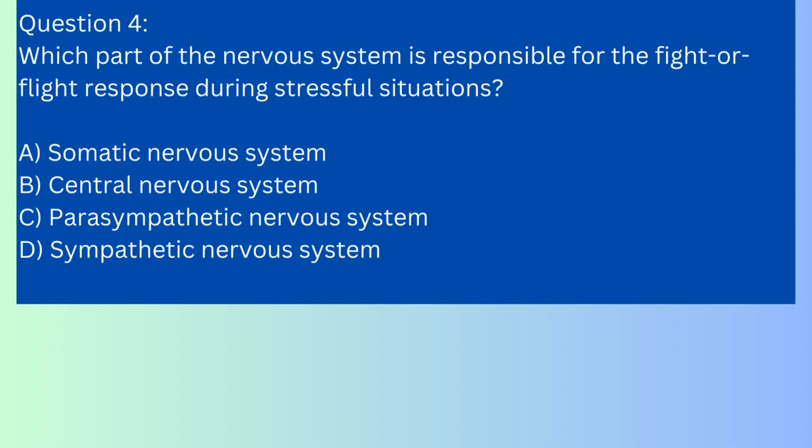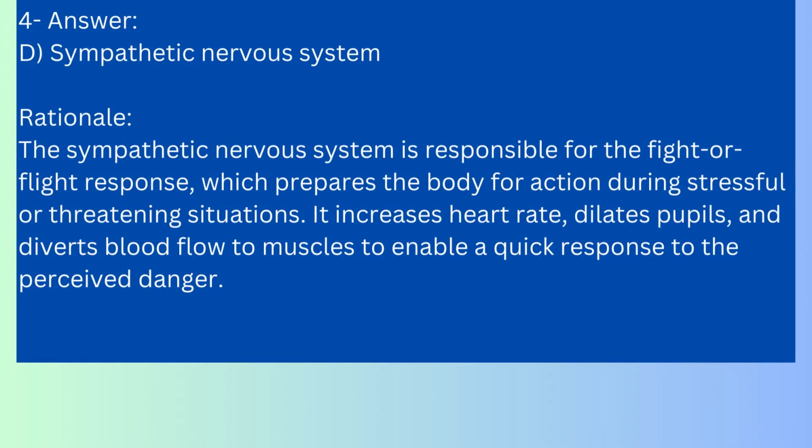Question 4. Which part of the nervous system is responsible for the fight-or-flight response during stressful situations? A. Somatic nervous system. B. Central nervous system. C. Parasympathetic nervous system. D. Sympathetic nervous system. Answer. D. Sympathetic nervous system. Rationale.